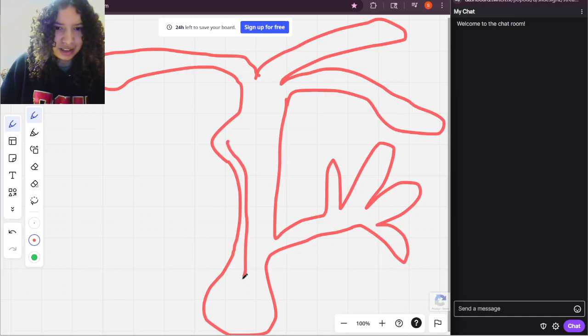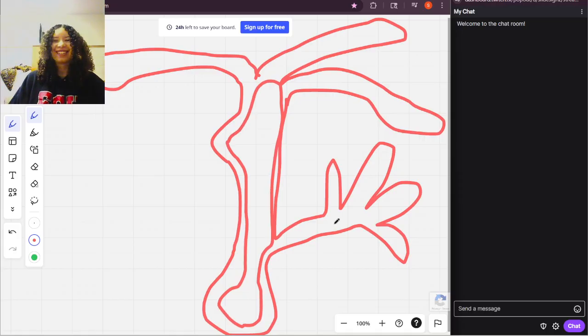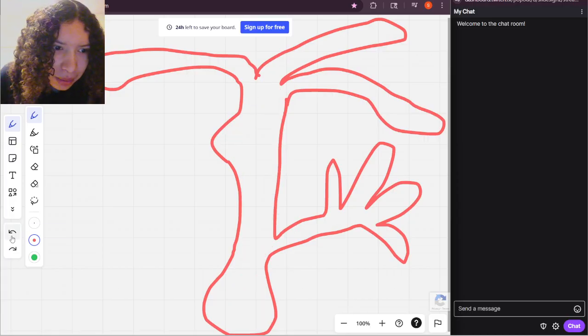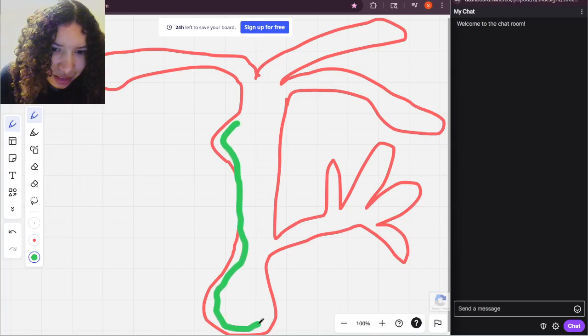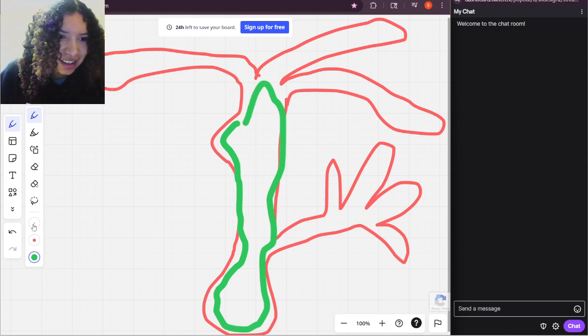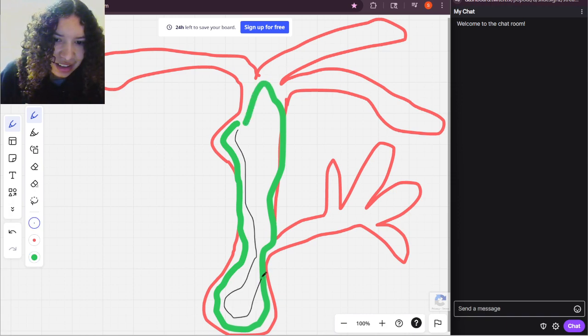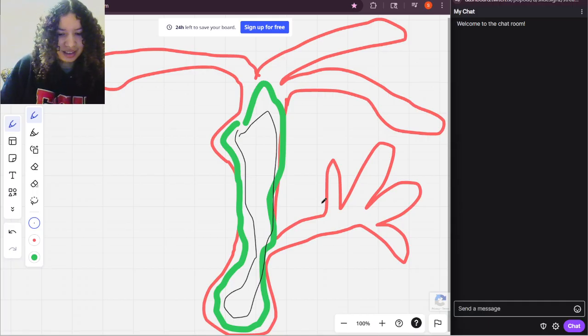So I think it has like an inner layer. I'm gonna make these layers different colors. So these things up here are the tentacles.